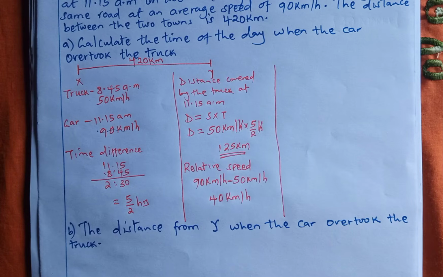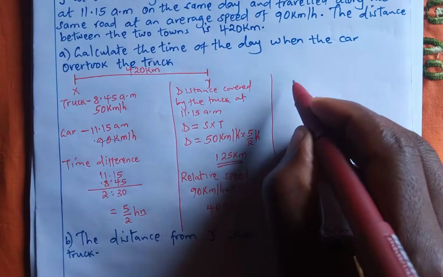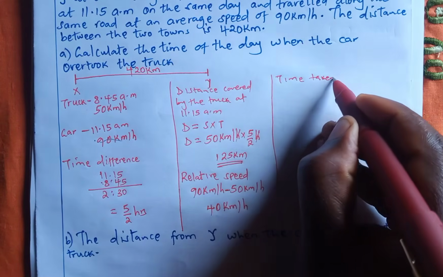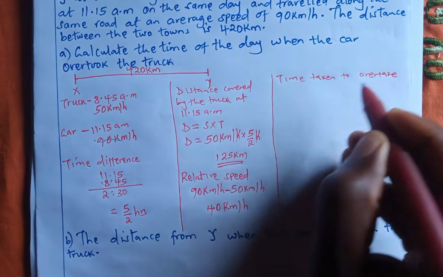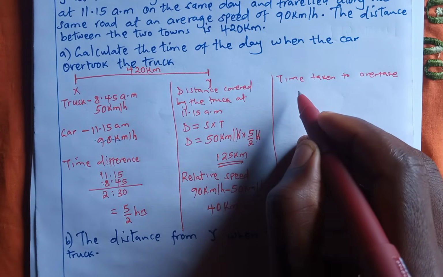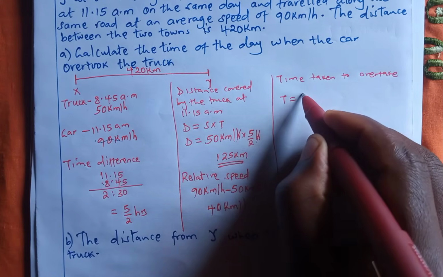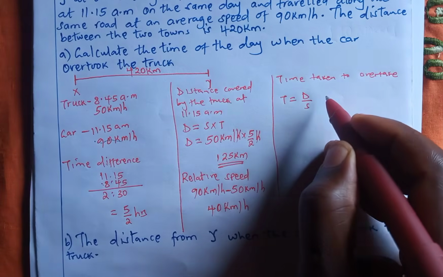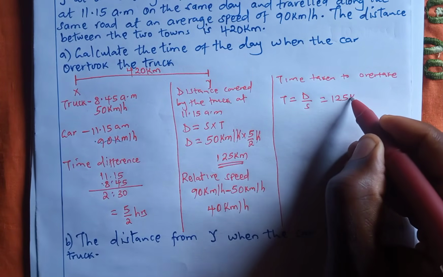The next thing that we are going to do is to find the time taken to overtake. Now, we know time is distance over speed, and our distance is in fact 125 kilometers.